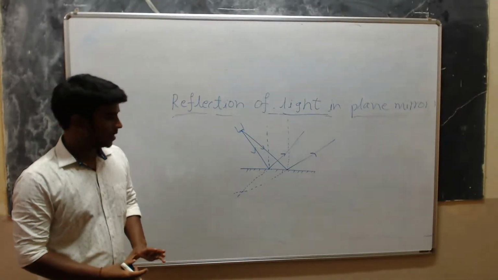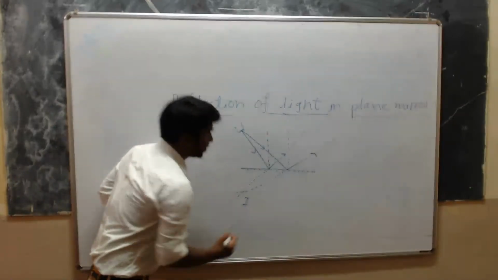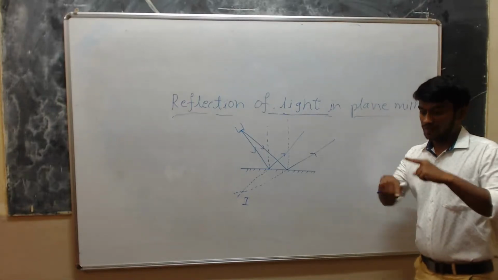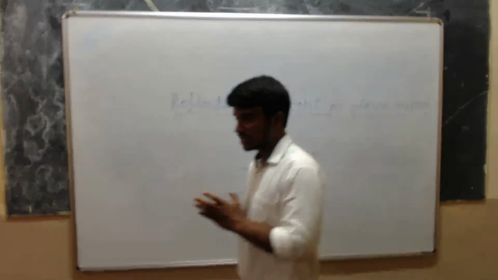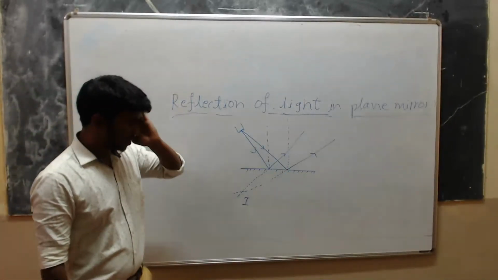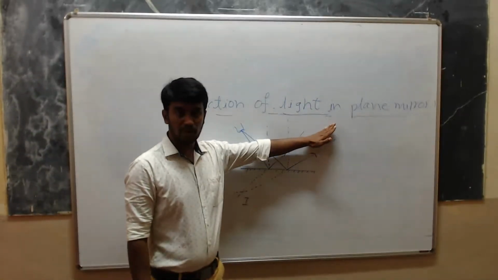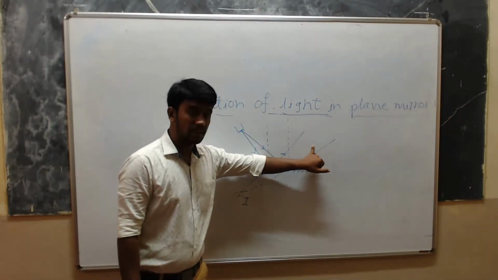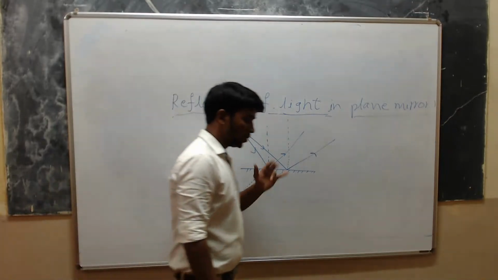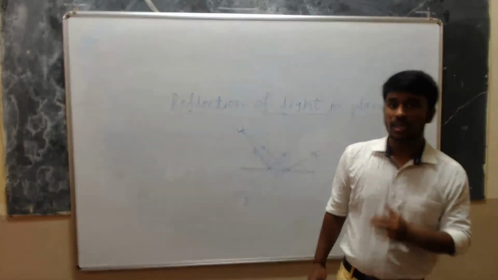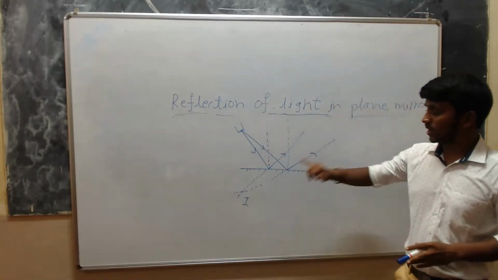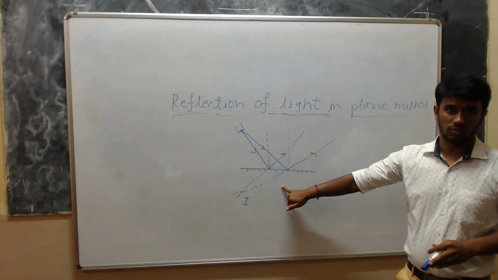Where two rays meet after reflection, there we get the image. But here the rays are never meeting, only virtually meeting. So that's why we won't get a real image in a plane mirror, or we can say that the images formed by a plane mirror are always virtual.